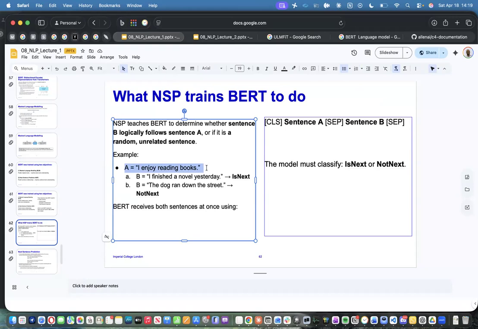One is basically the next sentence, and the other is not the next sentence. You can see here we have what we call IsNext, meaning that after this sentence, this is the next sentence. It's labeled, like in a dataset. And you can see here "the dog ran down the street" is not next, right? So you'll be given a sentence and two candidate sentences and asked which one is next. This is just like labeling.